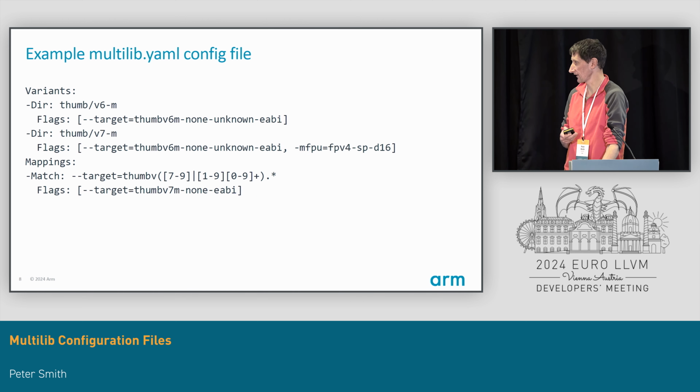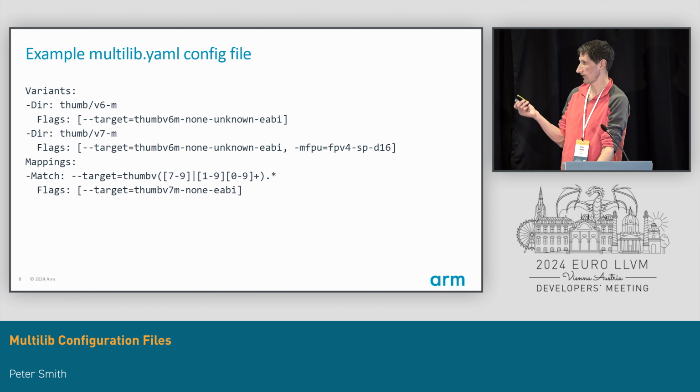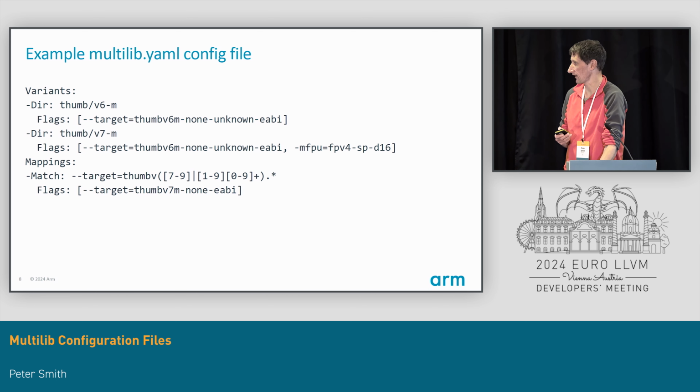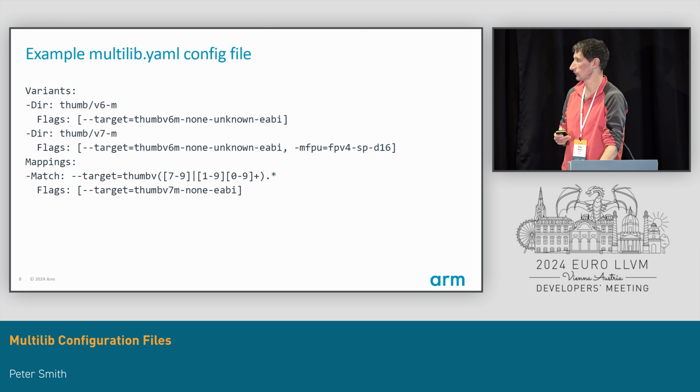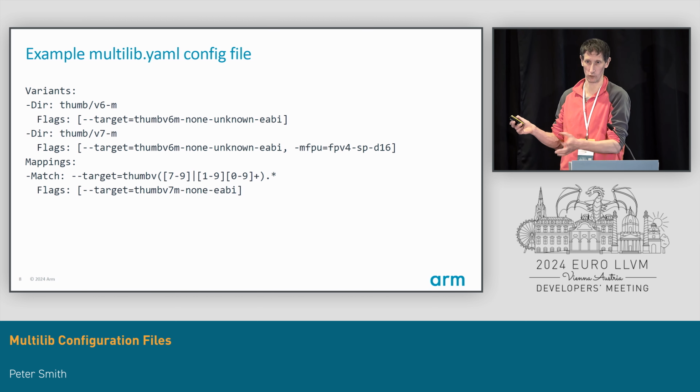So here is a very simple one that comes direct from the design. You have your example directory there, so you've got two multilibs, v6m and v7m, and what it's looking for is a particular target. You'll notice that the target is a bit more complex than one you would normally give. That's because the command line options will be canonicalized into that target, so you can select it with just one thing rather than multiple things that all overlap.